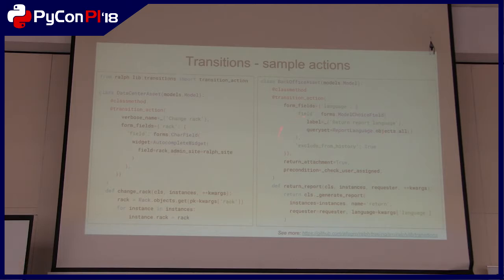On the other side, we also have other things like return attachment and precondition. We can specify the order in which actions are executed, because one action might depend on another and has to be executed after it. And inside the transition, there can be pretty much any business logic we want. Once again, if you are interested in how we implemented transitions, there is a link for it in the right hand corner.